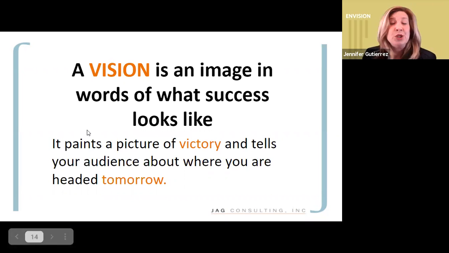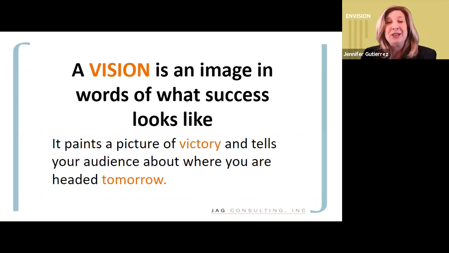How many children are going to be running through the lobby area? How many people are going to be seated in worship or in mass? What kinds of activities? How will the baptisms work? How do you want people to feel when they walk in the door? That's all part of that vision.